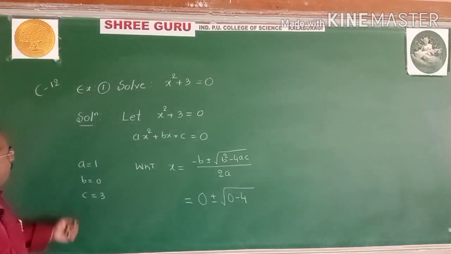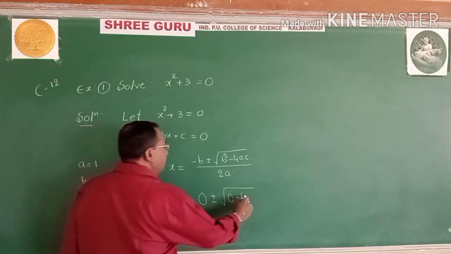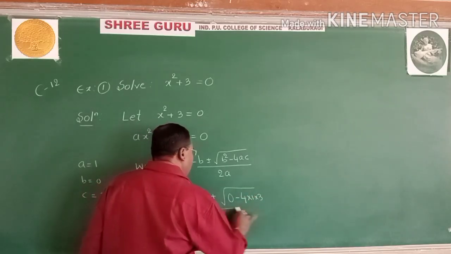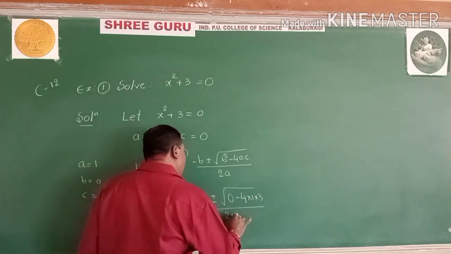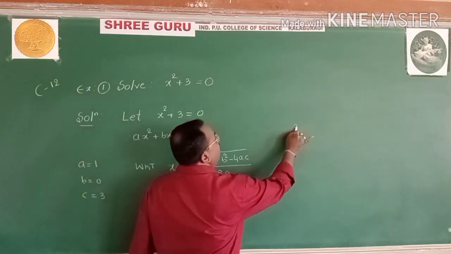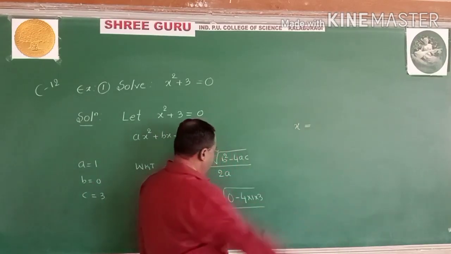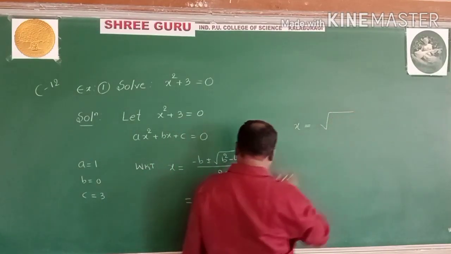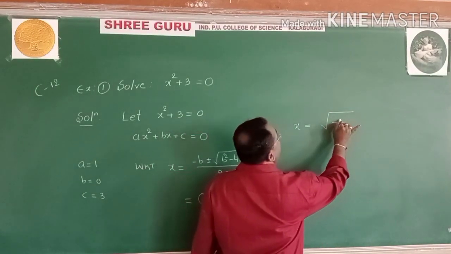A is what? A is 1, into 1. C value is 3, divided by 2 into 1. X is equal to 0 is 0. Here root 4 into 3 is 12.